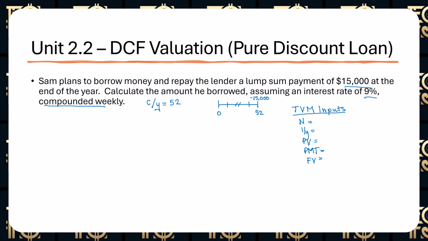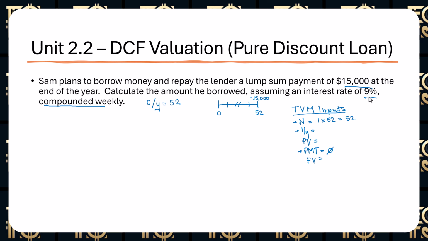Remember what I said in lecture, and that is when you have multiple compounding periods per year, several items have to match. And what I mean by that is N, IY, and PMT all have to be in the same compounding periods per year. That means I can't put 1 in for N, I have to put 52. That's 1 year times 52 weeks within that year. That's 52 periods. In this particular example, there is no payment, so we'll put 0, but if there was, it would be a weekly payment because everything here has to match in the periods.